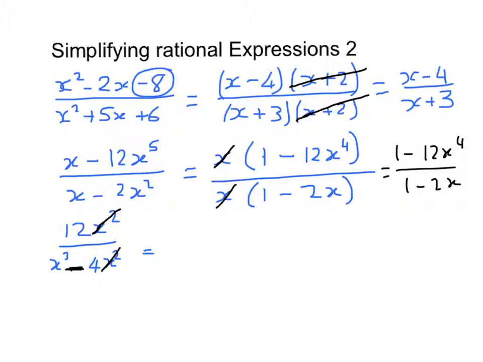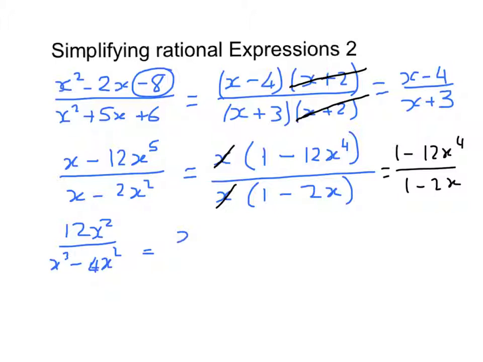Remember, it's got to be factors, so we can't do that. So we've got 12x squared over x cubed minus 4x squared, but I can factorise them.